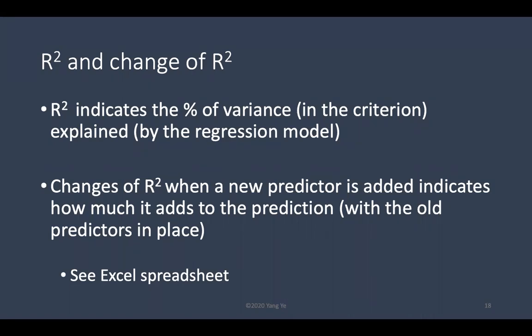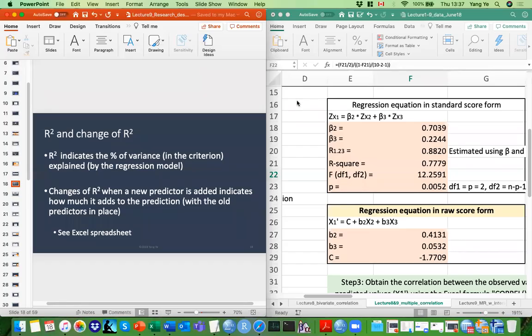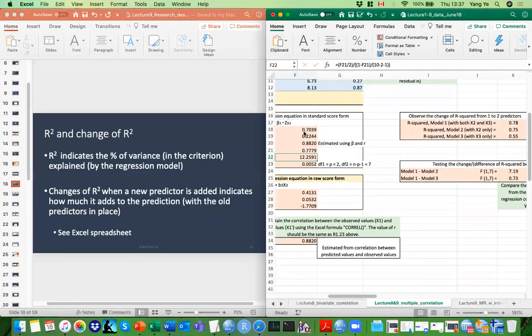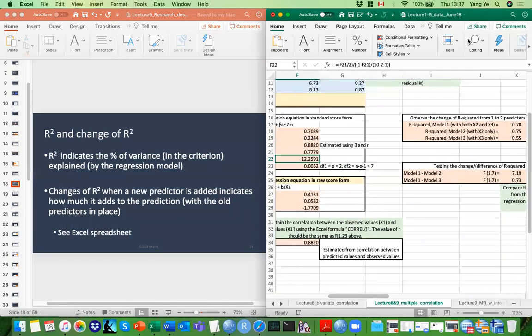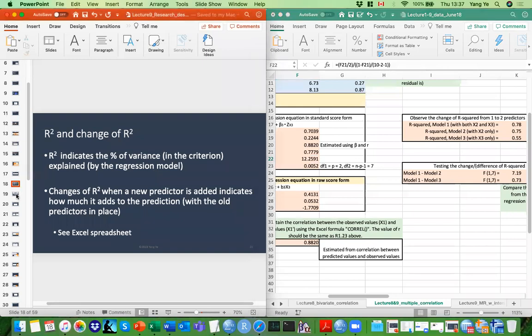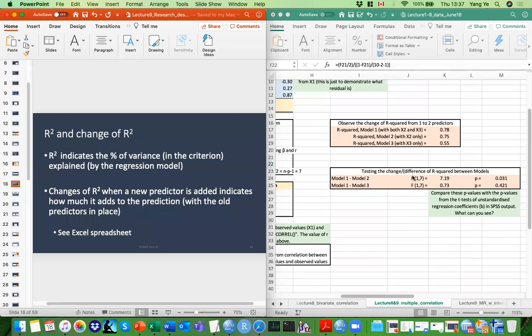To illustrate that, I've included some tests in the spreadsheet as well, which I will first show you how to do in the spreadsheet, and then we can move on to SPSS.